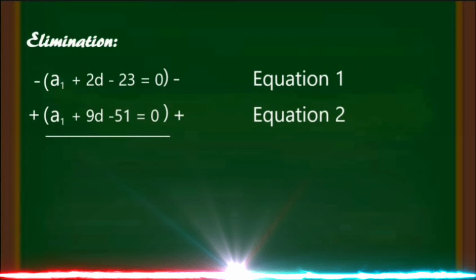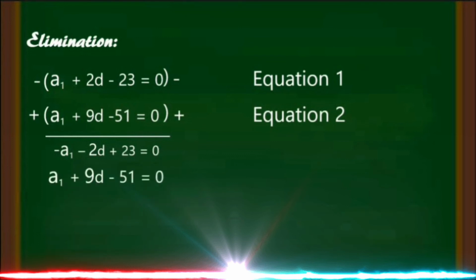So negative times a sub 1 is equal to negative a sub 1. Negative times positive 2d is equal to negative 2d. Negative times negative 23 is equal to positive 23. Then negative times 0 is equal to 0.